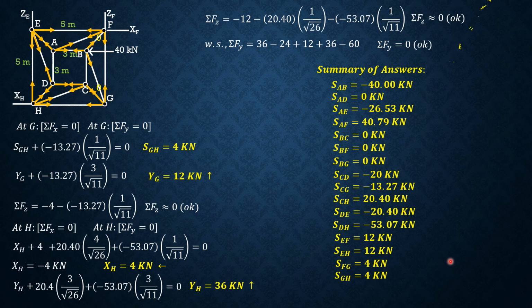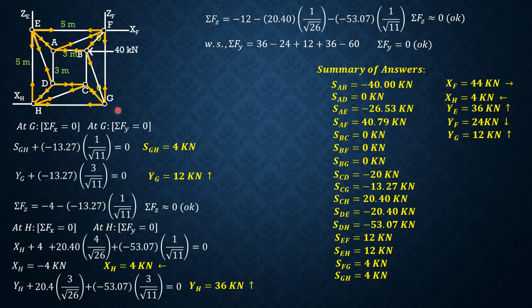Then for the reactions, XF 44 rightward, XH 4 kilonewtons leftward, YE 36 upward, YF 24 downward kilonewtons, YG 12 kilonewtons upward, and YH 36 kilonewtons upward.